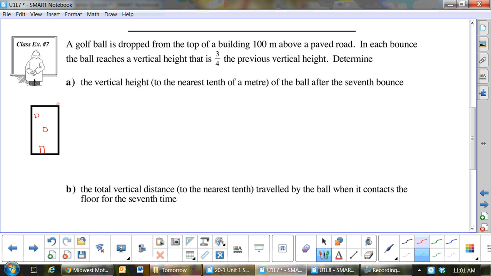Now, here is the ground. And we're going to draw the ball going down. How high is it going back up? 3/4 of that, so we kind of want to do that to scale sort of thing.